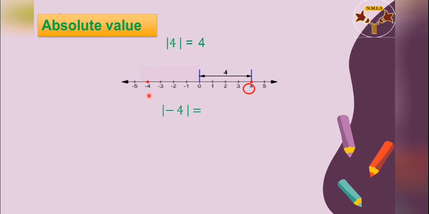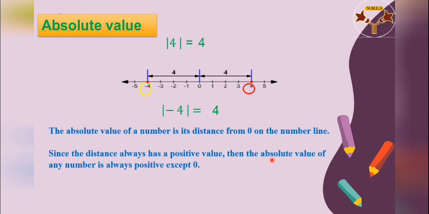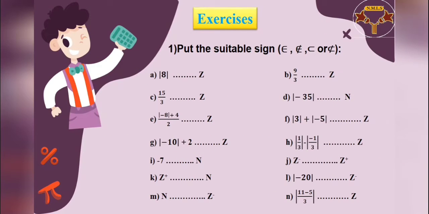Of course not. So the absolute value, since it is a distance, has to be a positive number. So on the number line, let's find the absolute value of negative 4. Let's count 1, 2, 3, 4 units. So the absolute value of negative 4 is also equal to 4. The absolute value of a number is its distance from 0 on the number line. Since distance always has a positive value, the absolute value of any number is always positive, except for 0. The absolute value of 0 equals 0.